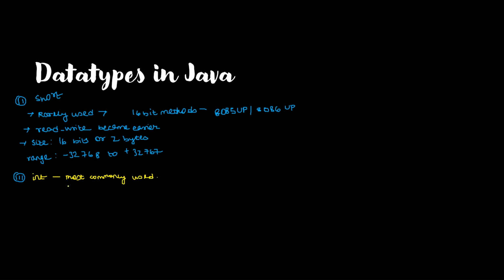Literally, you cannot write any class in Java without using this int type even once. That is the folklore that goes, but it's okay. We can always use the other data types just for practice. The size of an int data type is 4 bytes, and it has a pretty big range in which it could store values.